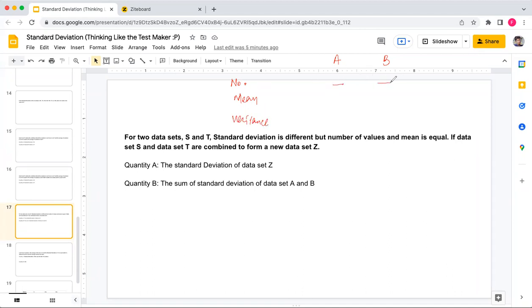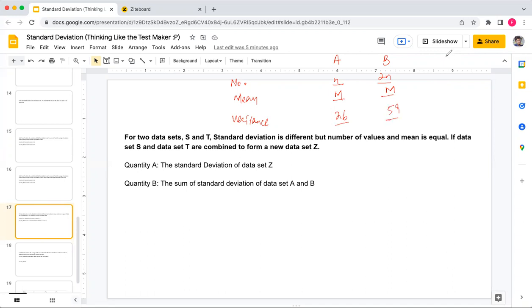For example, the number of elements in B is twice the number in A. If this is n, this is 2n, and the mean is the same, I call it m, and the variance was different, for example 26 and 59.